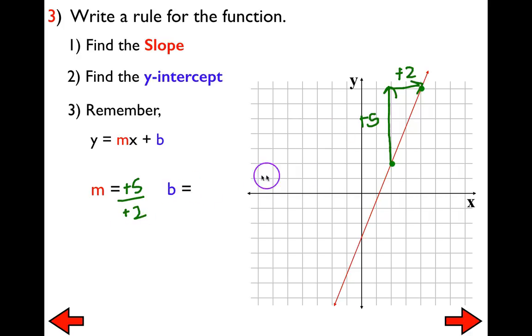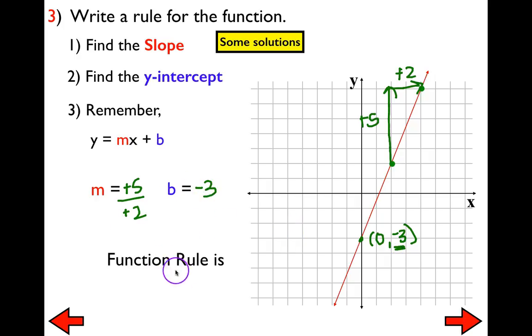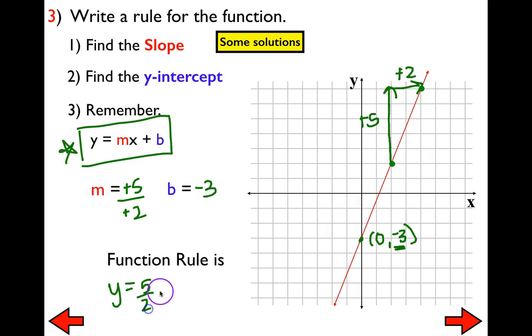Then we are looking for b. So what's the y-intercept? The y-intercept is (0, -3). So b is going to be negative 3. Now that I have both, I'm going to go ahead and write the function rule using slope-intercept form, which would give me y equals 5/2 x minus 3.